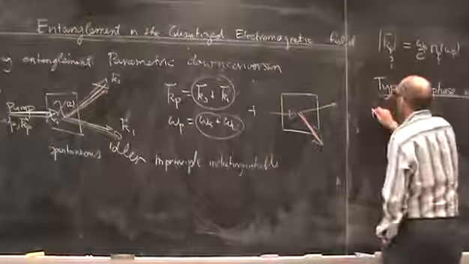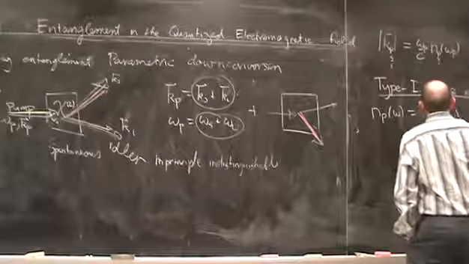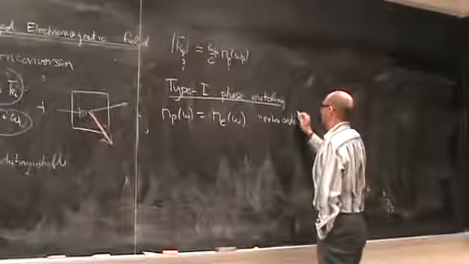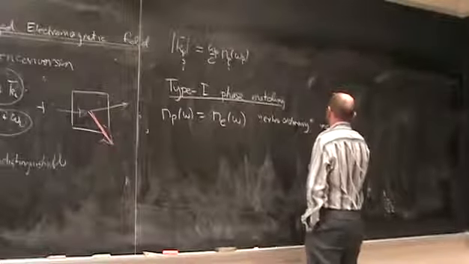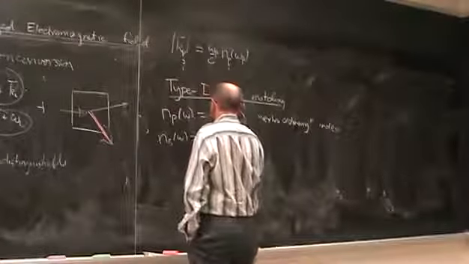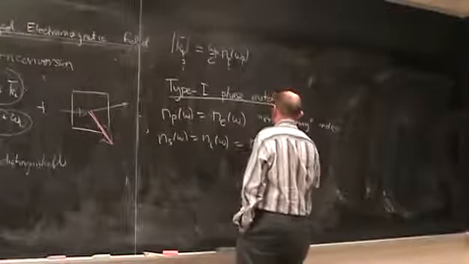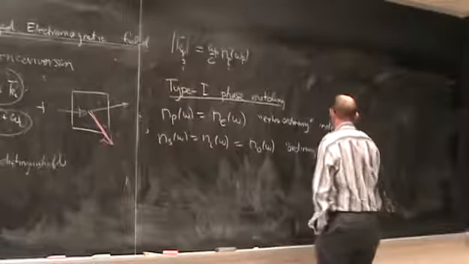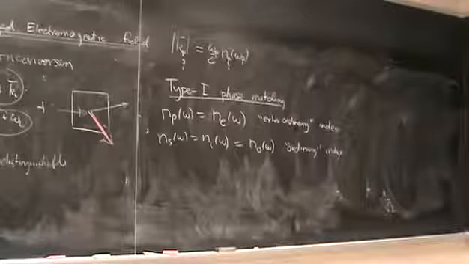So one chooses the pump index of refraction to be the so-called extraordinary index, and we choose the signal and idler to have the same dispersive nature, but for the so-called ordinary. Now the terms ordinary and extraordinary, the stuff about birefringence and so on, it doesn't really matter. They're just names.